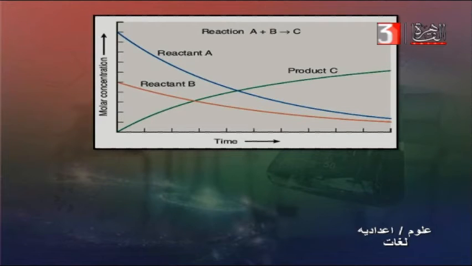In this figure, we can see that the concentrations of reactant A and reactant B decrease with time, and the product C increases with time.